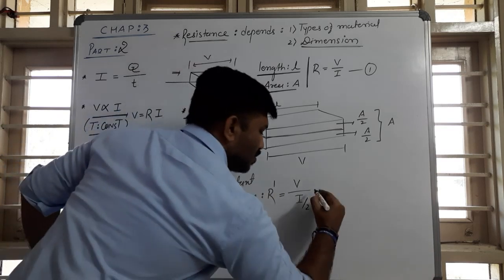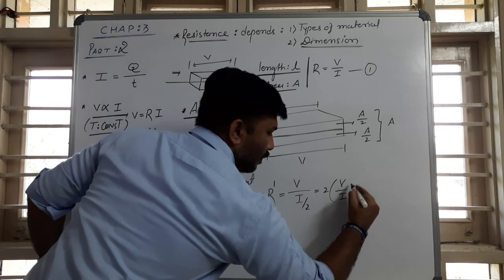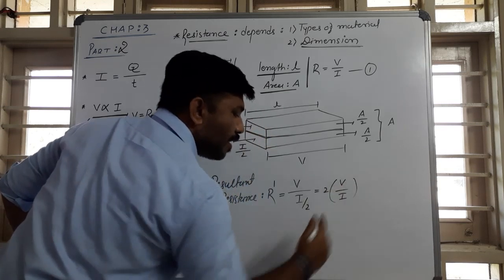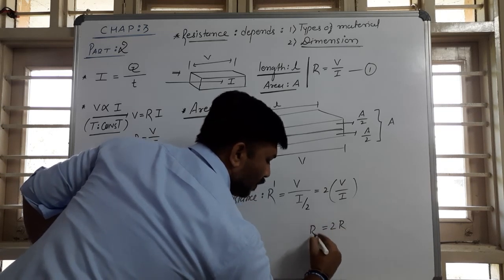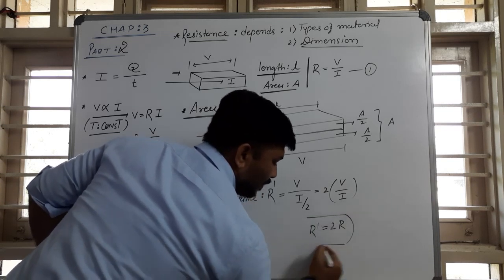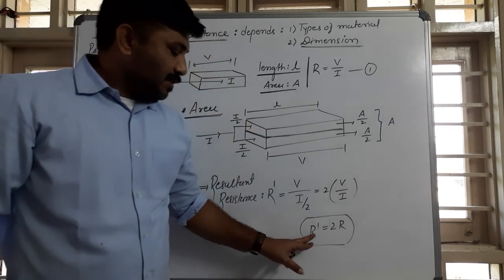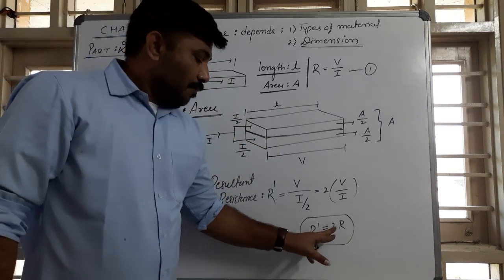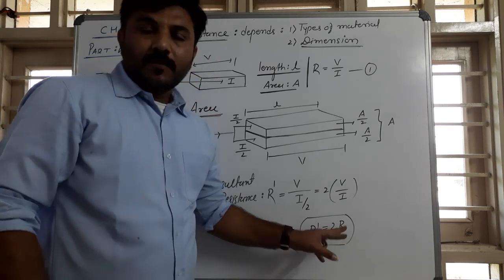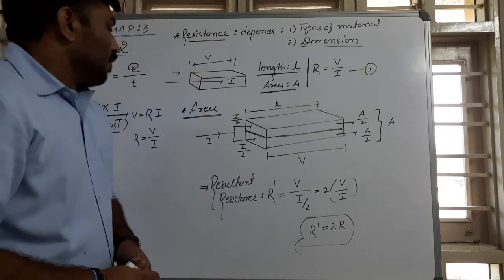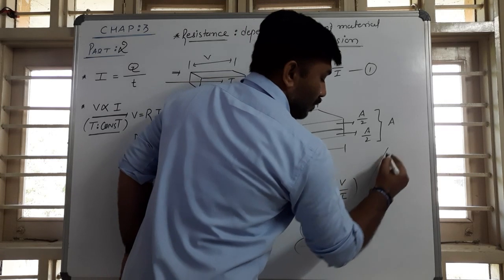Take 2 outside, so you will have 2 V by I. What is V by I? V by I is nothing but resistance. So here also you will get the same result: the effective resistance increases by 2 times the initial resistance. Clear? So what will we conclude?